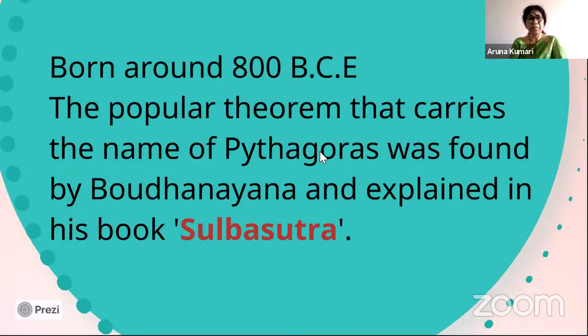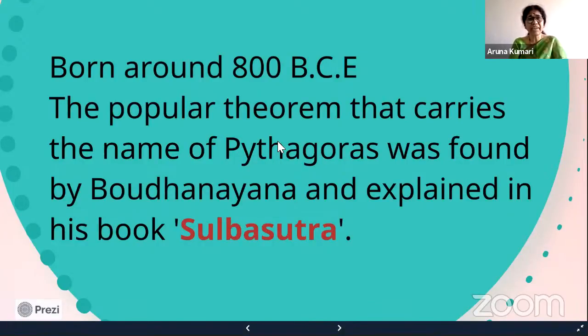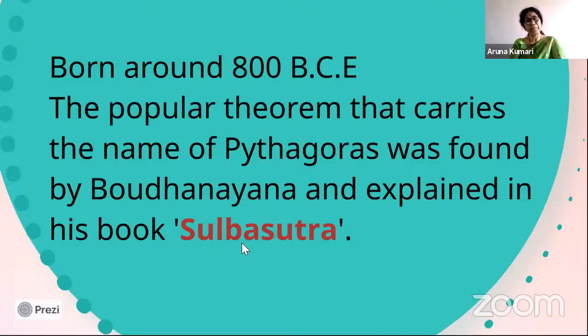But here we are studying that the theorem was found by Baudhayana and explained in his book Sulabh Sutra. So remember this book: Sulabh Sutra is written by the Indian mathematician Baudhayana.